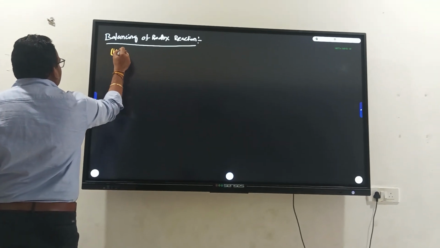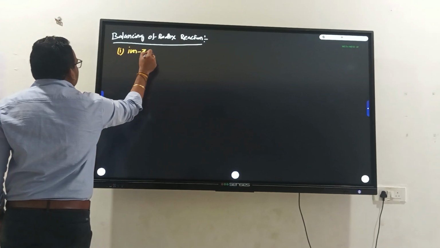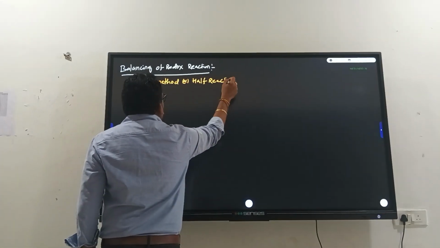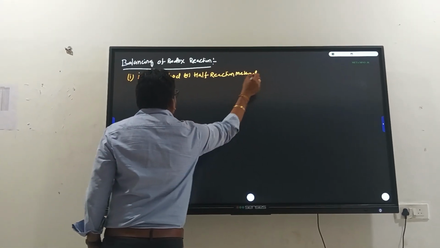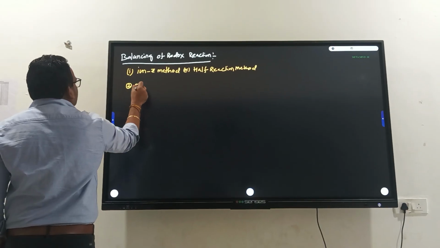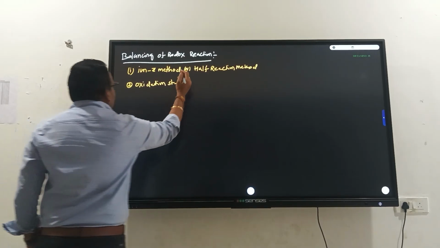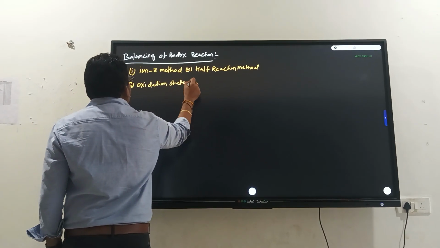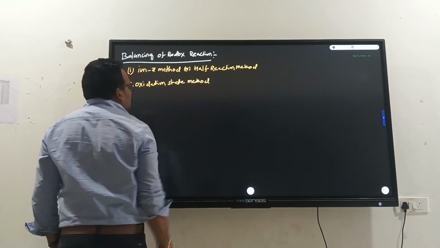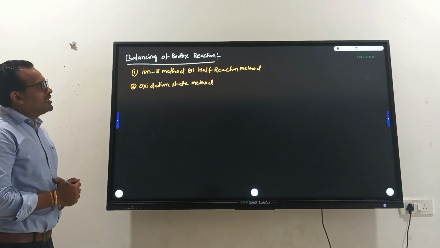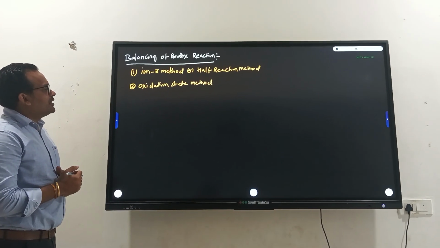The first method is the ion electron method or half reaction method, and the second one is the oxidation state method.